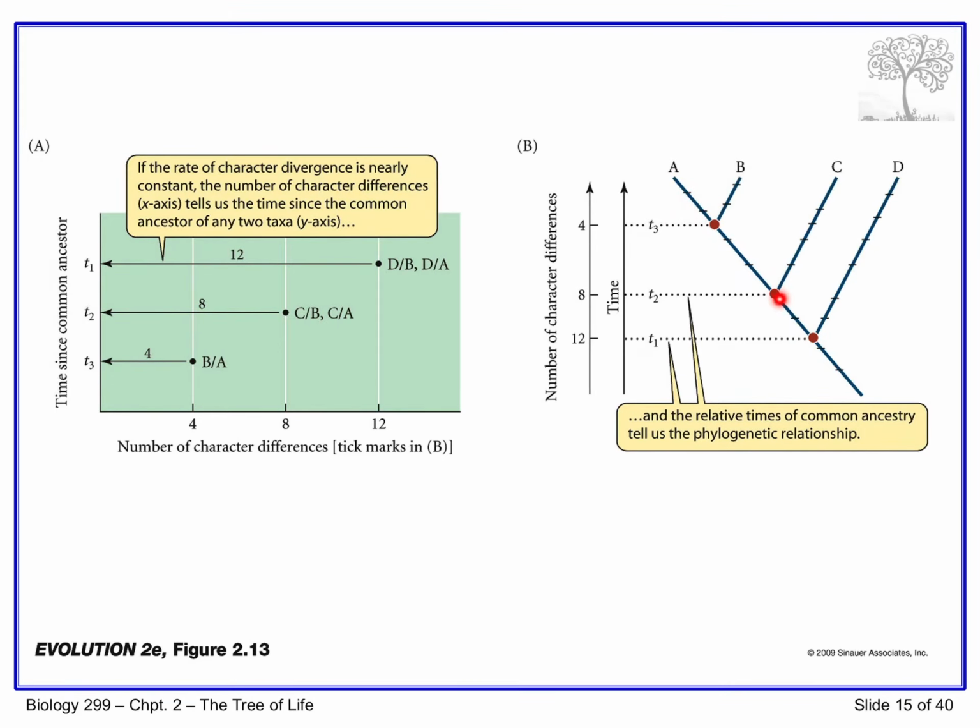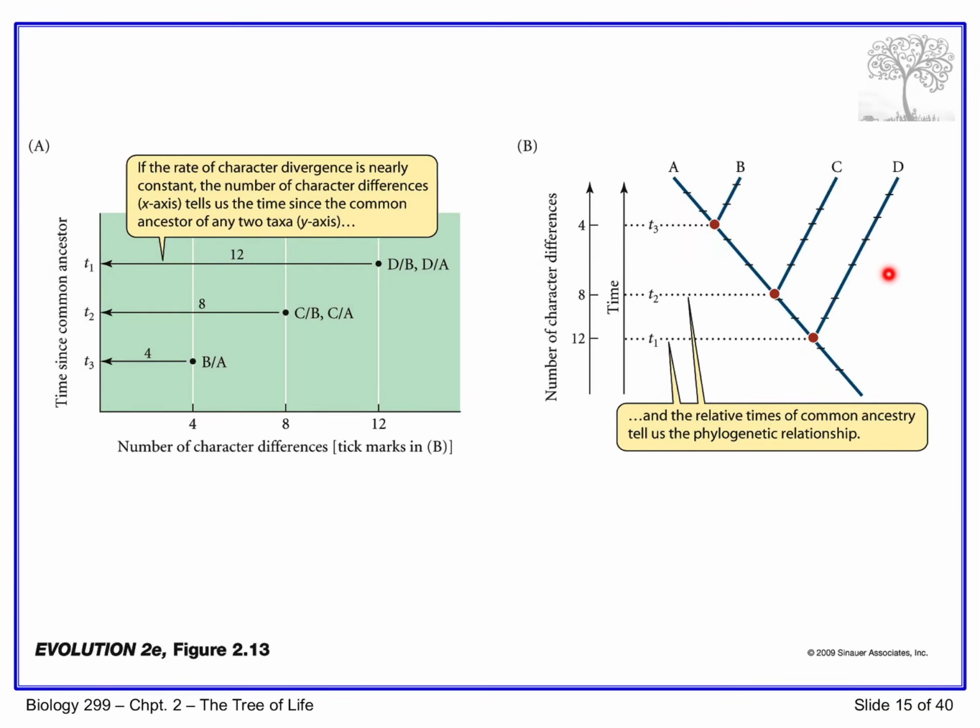It also suggests that A and B share a more recent common ancestor than either one does with species C or species D. So these two are more closely related. When you compare all 4 of them, C, B, and A are more closely related to each other than D is. D is more distantly related.